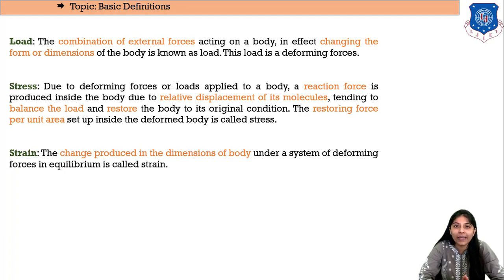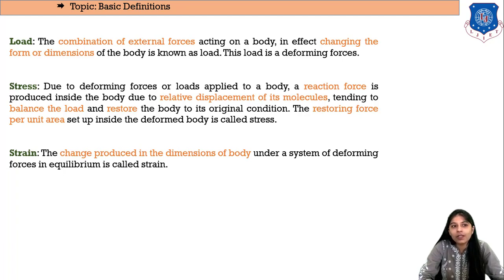Depending upon the force applied on a body, there are three types of stresses: longitudinal or linear stress, volume stress, and tangential stress or shear stress. And depending upon the stress, there are three types of strain: longitudinal or linear strain, volume strain, and shear strain.